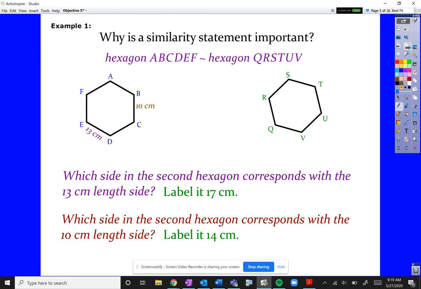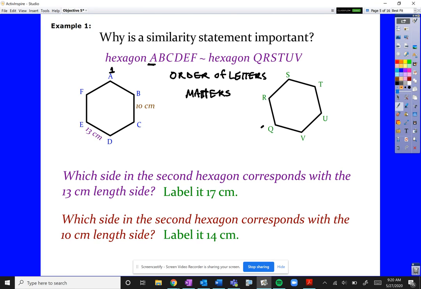So we got 3 quick examples here. So why is a similarity statement important? Because of the same exact idea. The order of the letters is what tells you where the similar sides exist. The order matters. Okay, so for example, A, B, C, D, E, F, the hexagon corresponds to Q, R, S, T, U, V. So even though A is up here in the first position, because it's the first position here, it's not S. So apparently this hexagon over here has been twisted around a little bit.